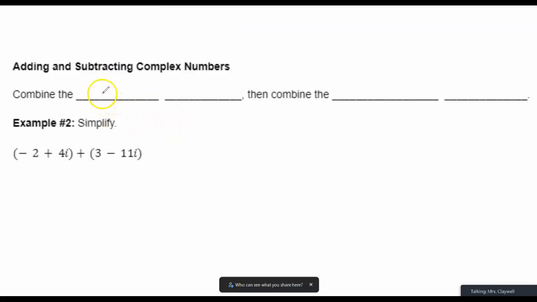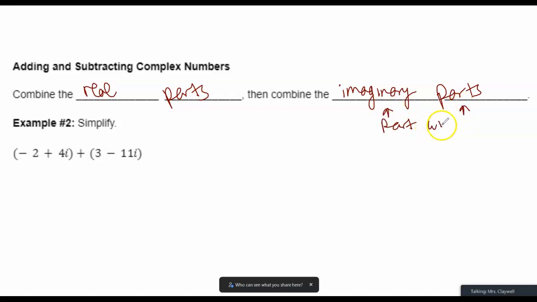So adding and subtracting complex numbers, we combine the real parts and the imaginary parts. By imaginary parts, we just mean the part with i's. This is where we treat i's like x's or other variables, in the sense that I'm going to rewrite without parentheses.